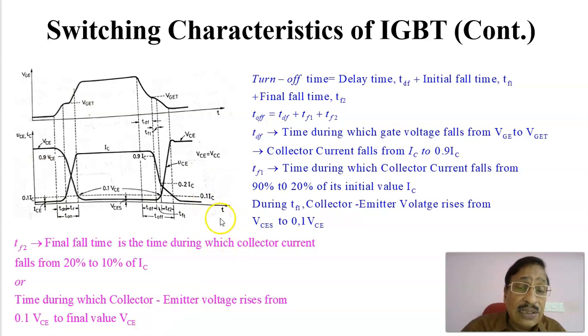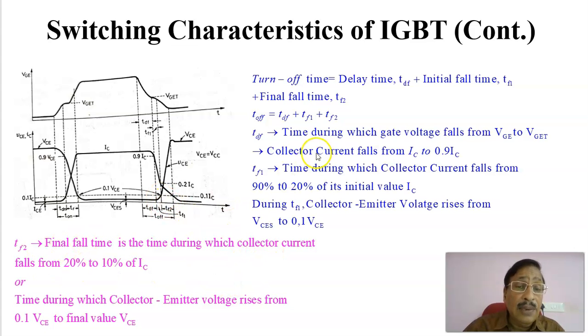That is TF2. TF2 is the time required for the collector to emitter voltage to change from 10% of VCE, that is 0.1 times VCE, to the final VCE. That time we call TF2.